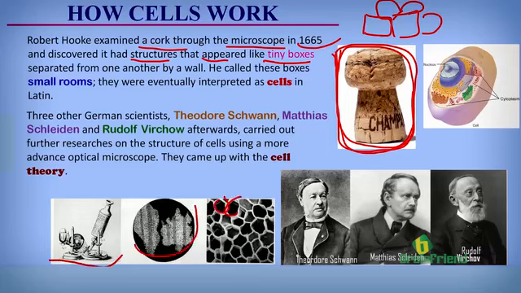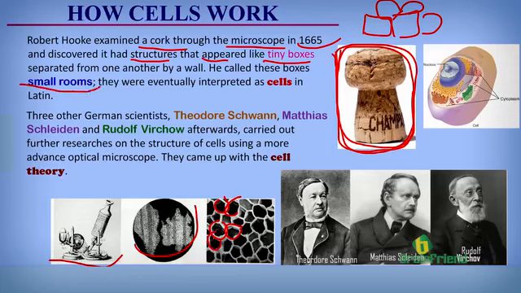Robert Hooke called these tiny boxes cells. He also noticed that these tiny boxes were separated from one another by a wall. So this is one tiny box, and these are the walls, another wall, and so on. In his conclusion, he called these tiny boxes small rooms.